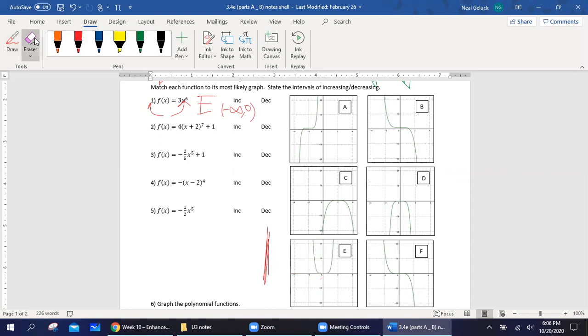The graph then is going uphill. I'm sorry, I had that backwards. Sorry about that. It's decreasing first. So decreasing from negative infinity to 0. There we go. It's increasing from 0 to infinity.